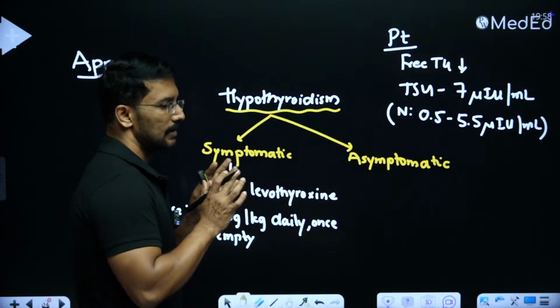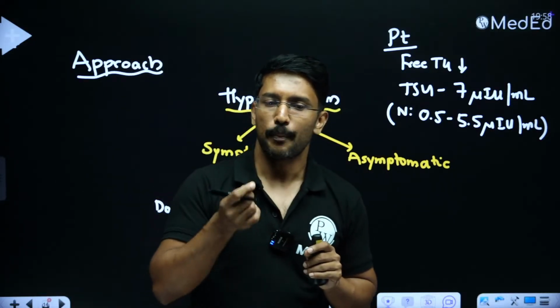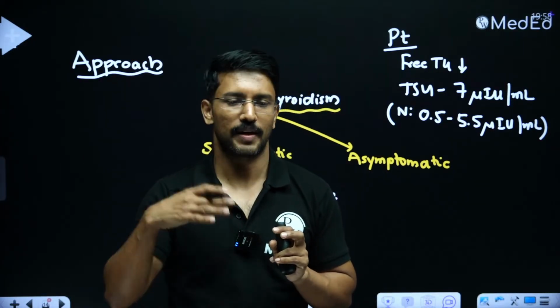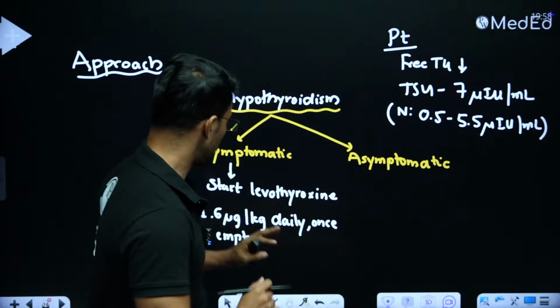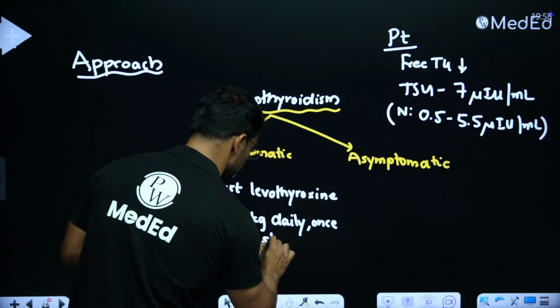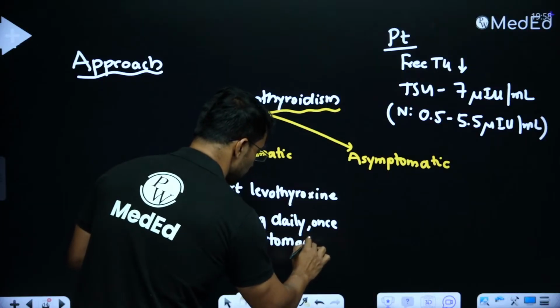Ideally at least 1 to 1.5 hours before the first meal. So if they are having their breakfast after 8, ask them to take it before 7, right? On empty stomach. So this is very important.